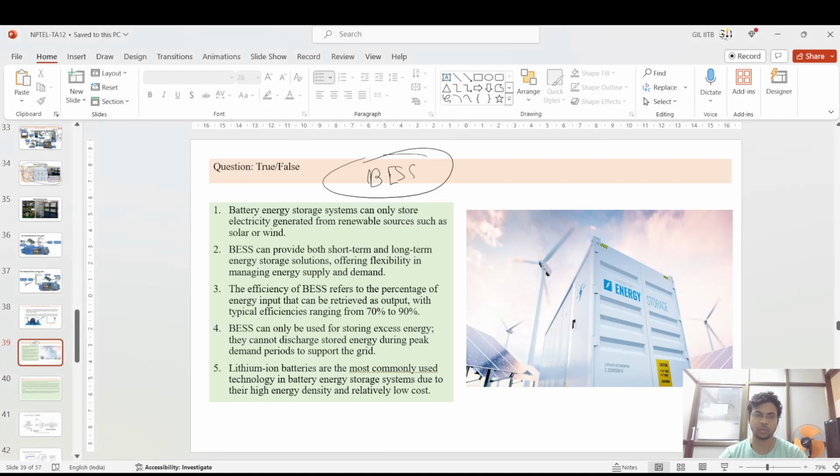For the third one, I have an idea that the round trip efficiency will be in the range of 85 to 90%. The fourth one is false. For the fifth, low cost, that's the doubt whether it is low cost or not. Okay, I will explain that. Anybody else want to give the answer? Srilata or Devendra?